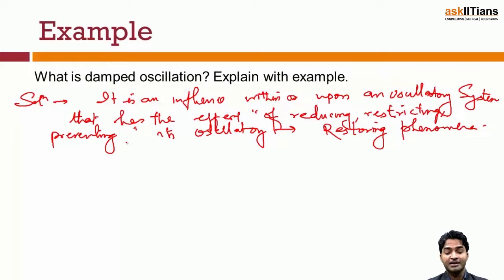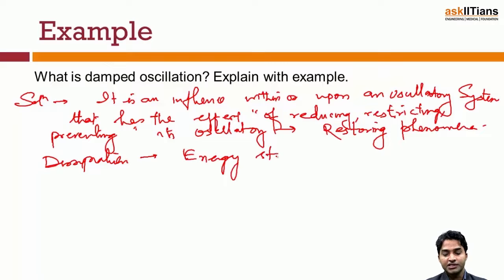In physical systems, damping is produced by processes that dissipate the energy stored in the oscillating system. So dissipation is due to the energy stored in the system. The examples can be under this.